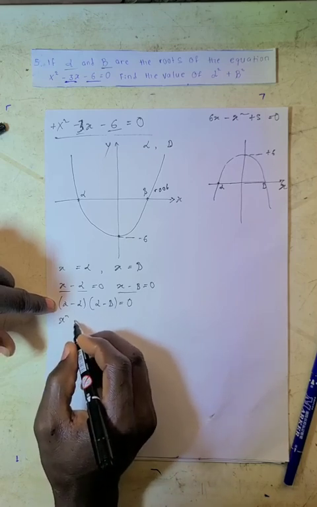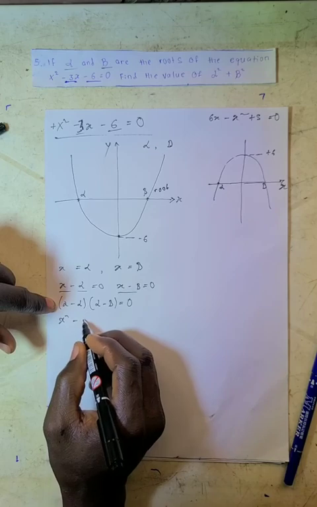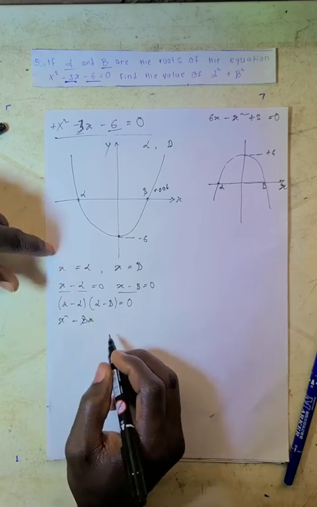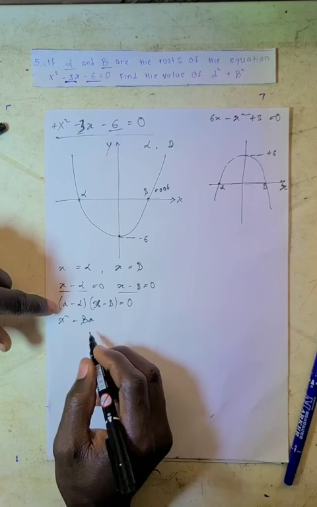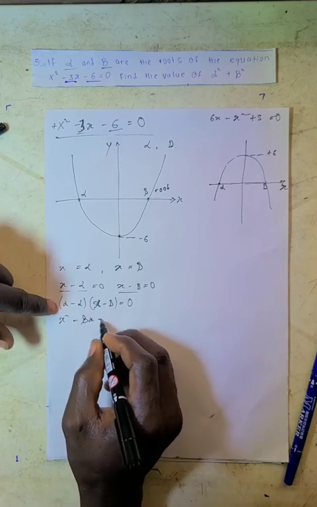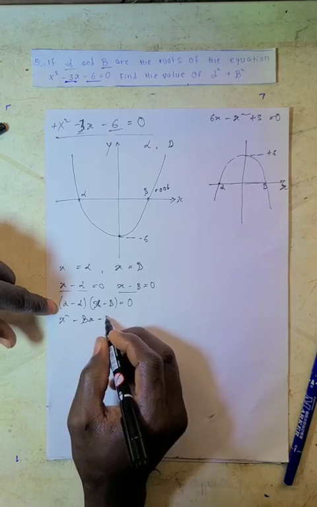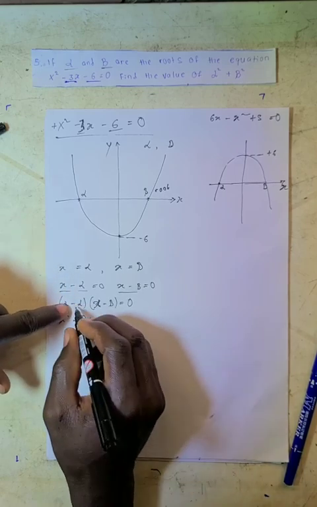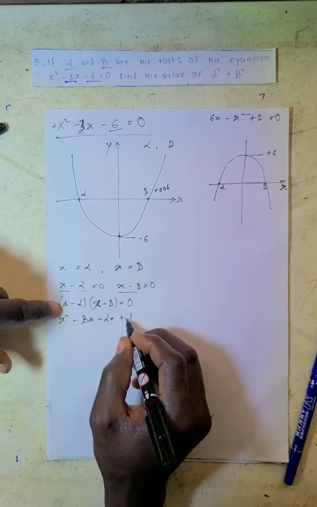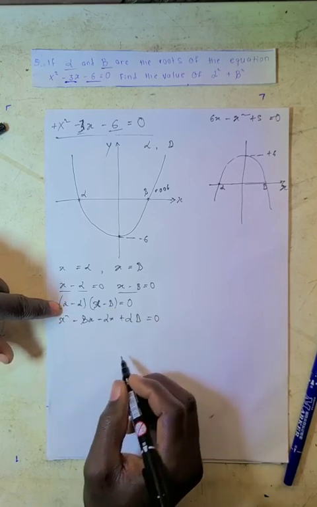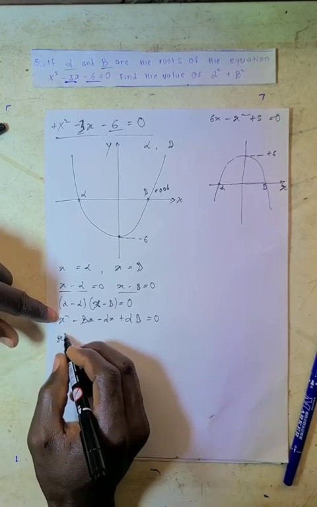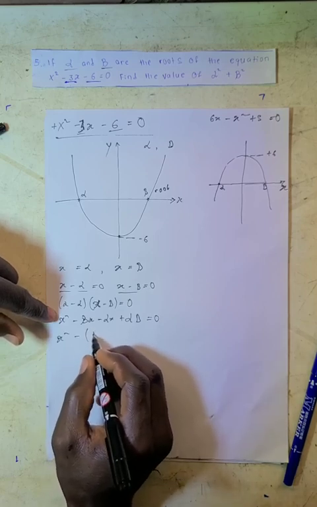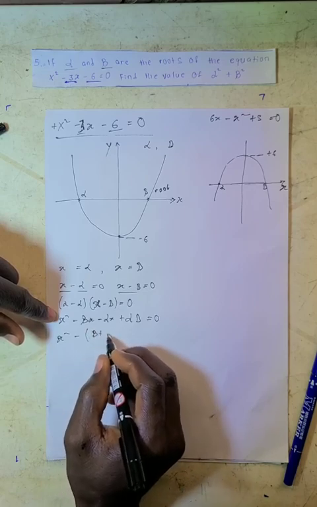Let's open the bracket. Our x squared minus beta x, we are done with this. Then alpha times x, then our alpha x, that's alpha times x, then minus times minus will give us plus alpha beta is equal to 0. So that our x squared minus into the bracket of beta plus alpha.